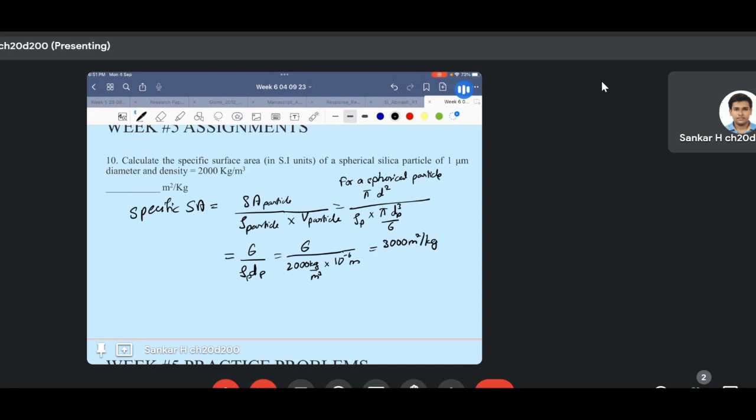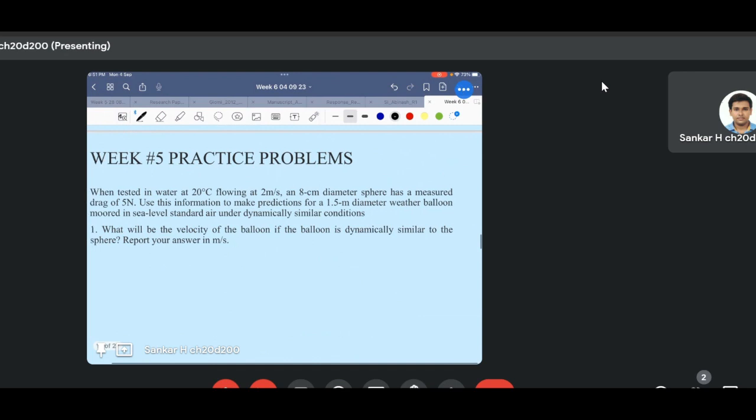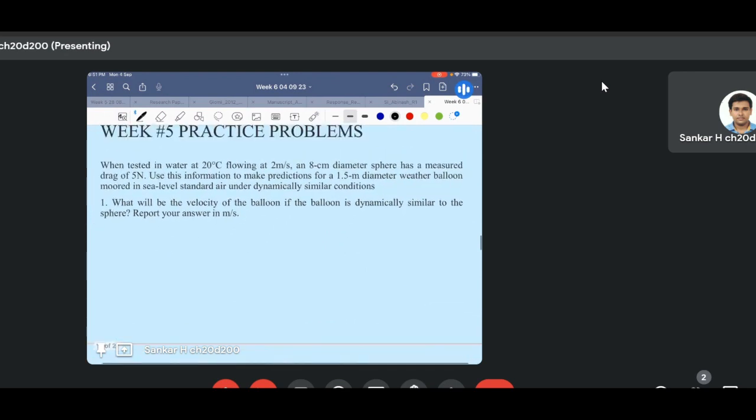Okay, let's move on to the next question. When tested in water at 20 degrees Celsius flowing at 2 meter per second, an 8 centimeter diameter sphere has a measured drag of 5 Newton. Use this information to make predictions for a 1.5 meter diameter weather balloon moved in sea level standard air under dynamically similar conditions.